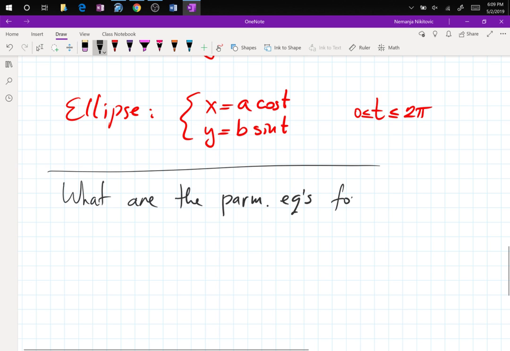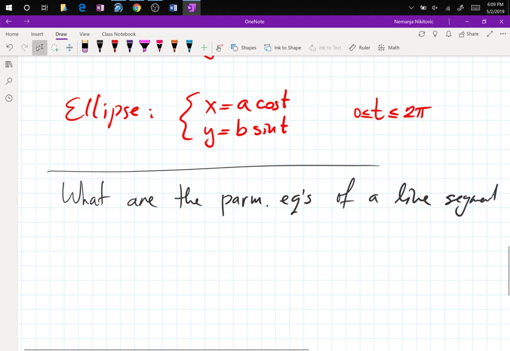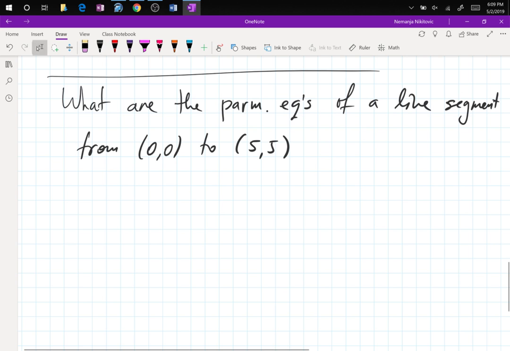Parametric equations of a line segment from 0, 0 to, let's say, 5, 5. Okay. So I need a parametric equation set to describe a line segment, which is the straight line.